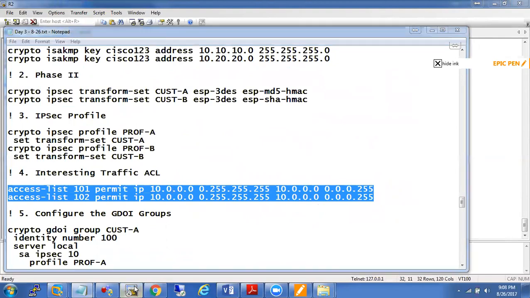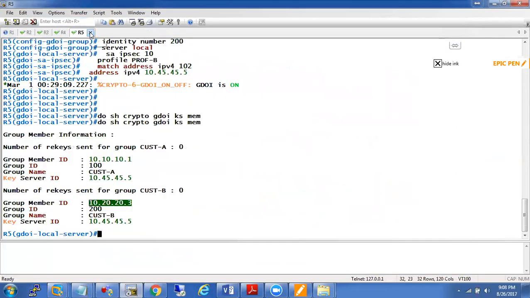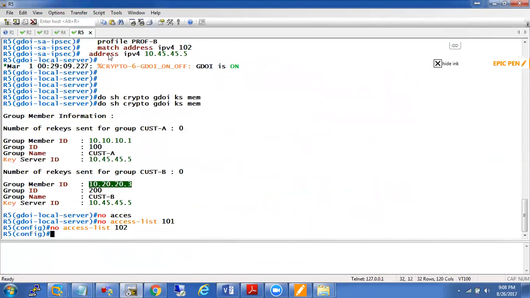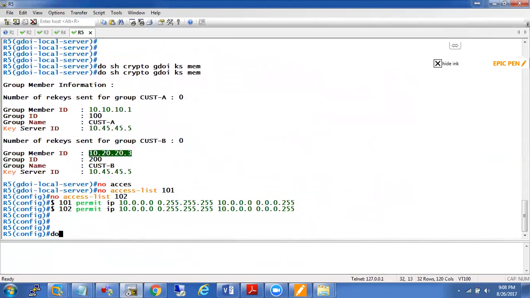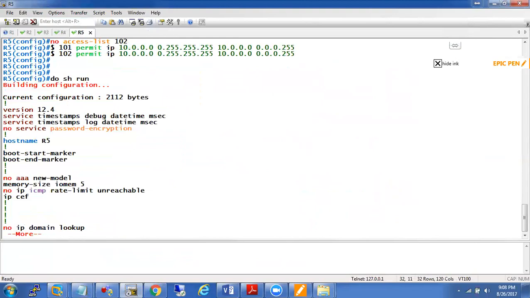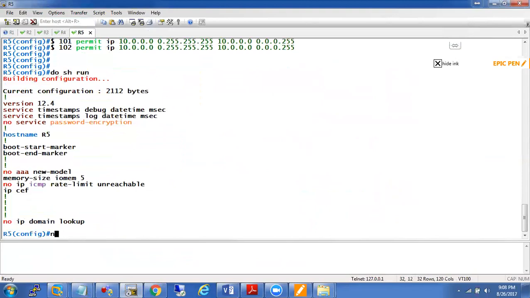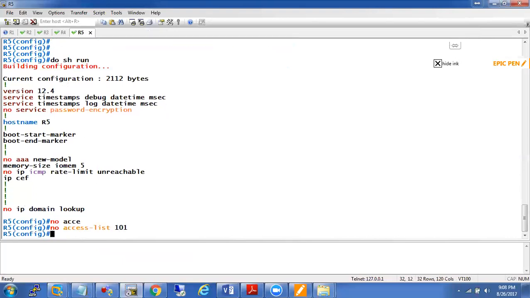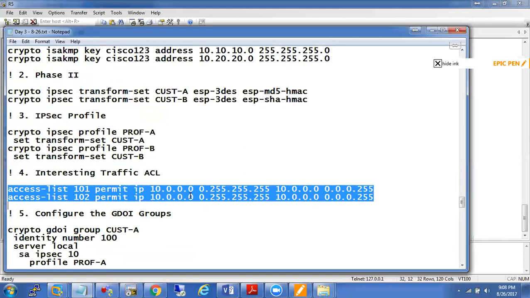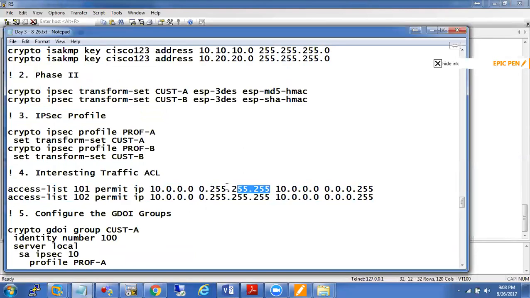Copy. Go to 5. No access-list 101 and 102. It's still wrong. This is 10.0.0.0, 0.255.255.255.